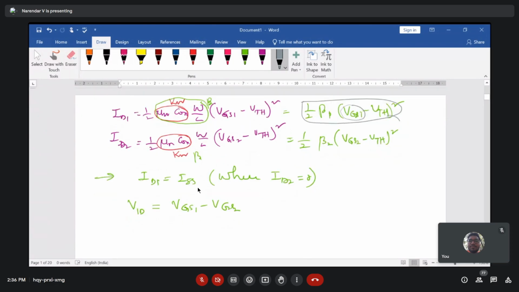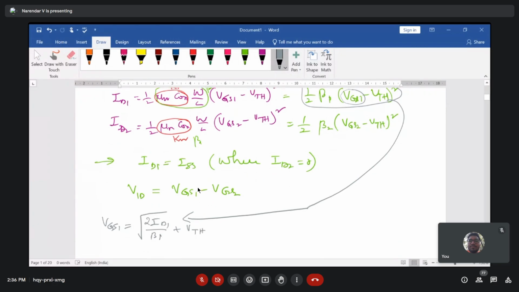Now, from this expression, I can write VGS1 as, you take this term there, square root of 2 times ID1 by beta 1, and then VTH of the transistor.